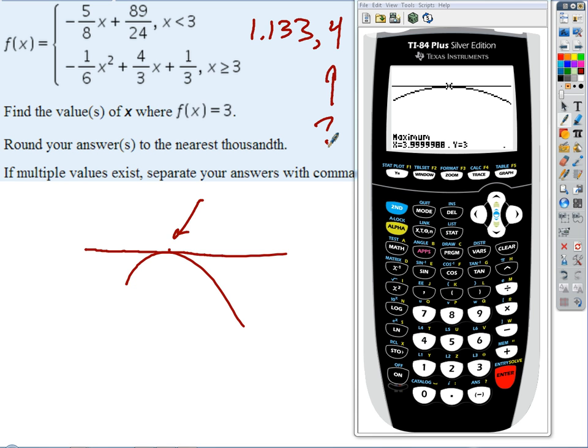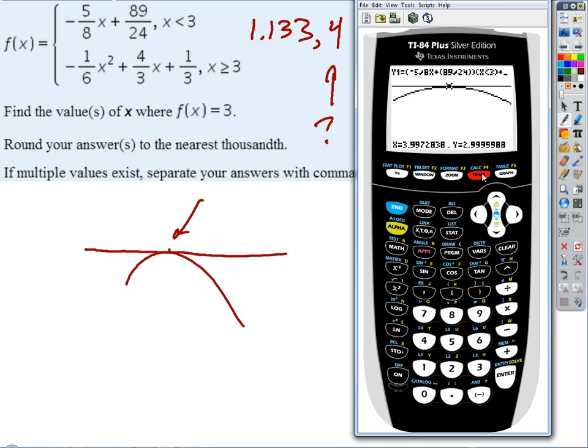If you don't use the maximum feature, if you don't use the maximum trick on the calculator, and I was even planning on showing that to you, what we did before when we just traced along this thing, remember, we said, well, it looks like x equals 4 is where potentially there's going to be a peak. So then we could just go to the calculator and say second calc value and plug in x equals 4 and see what it spits out.